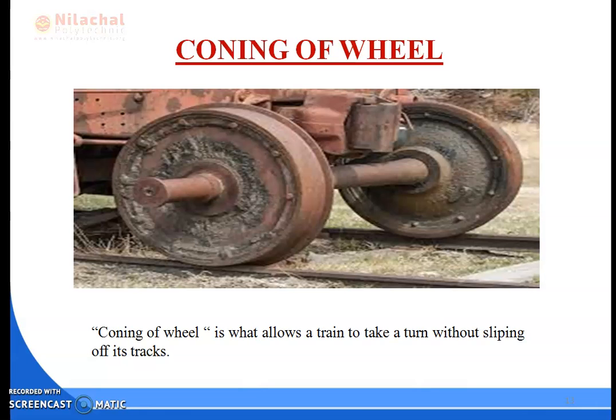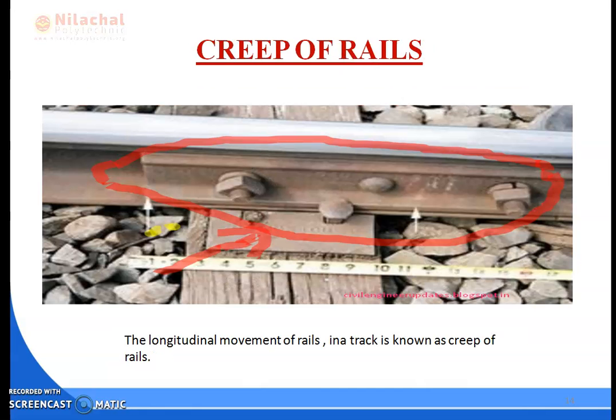Come to the next slide, creeping of rails. So what is creeping of the rails? See the image I provided here.